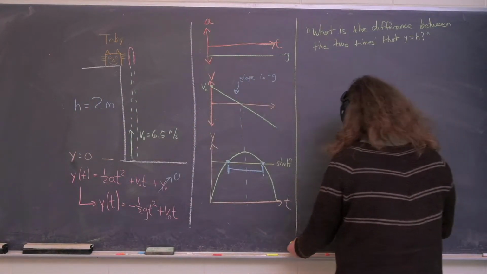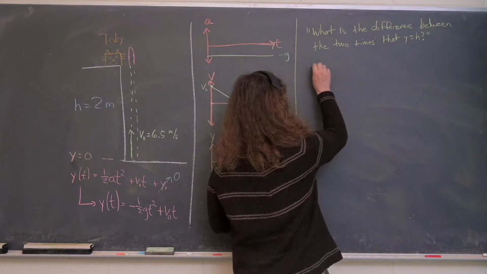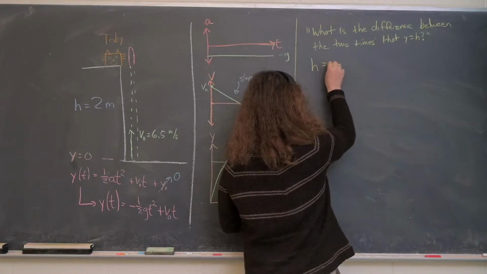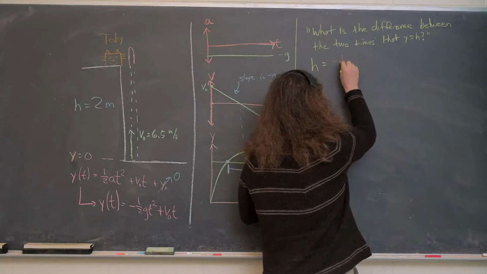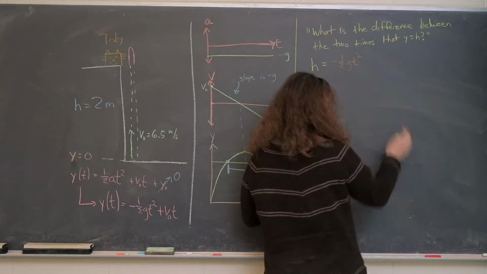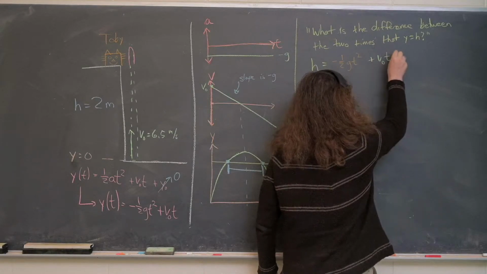So what I have here, I'm just debating how I want to color code this. I have h equals that equation, minus 1/2 gt squared plus v naught t.